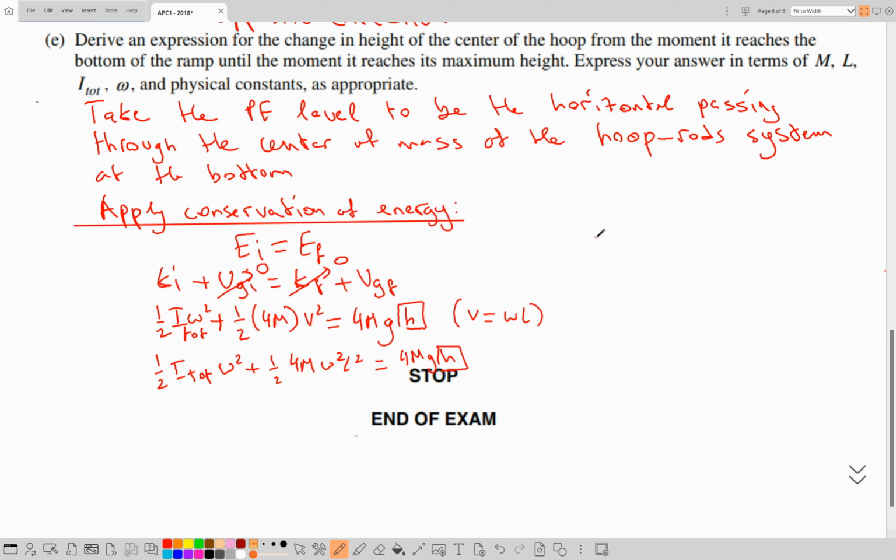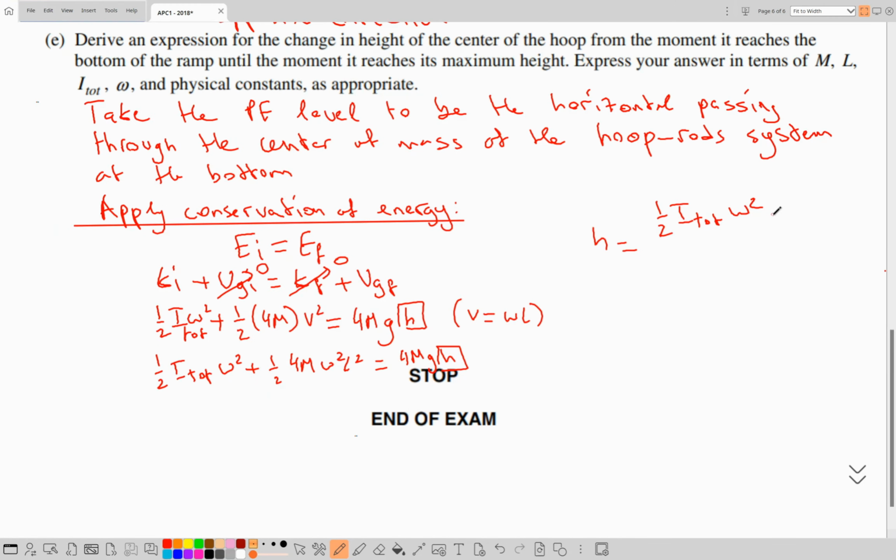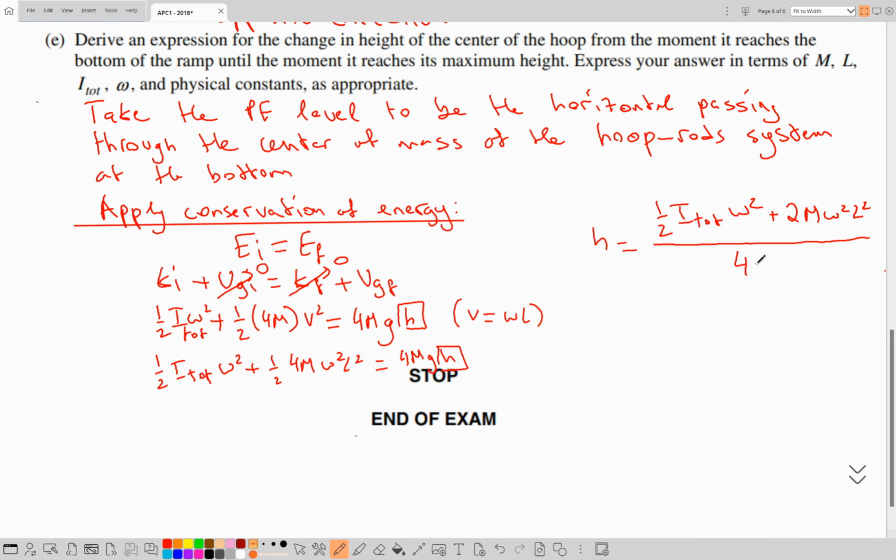Then h in this case would be given by half I total omega square plus, now 4 divided by 2, that would be 2 m omega square L square, divided by 4mg, and that would be the expression for the maximum height reached by the center of mass of our system.